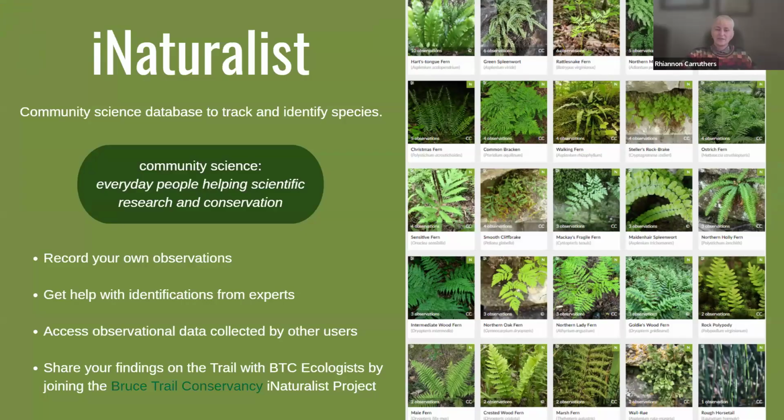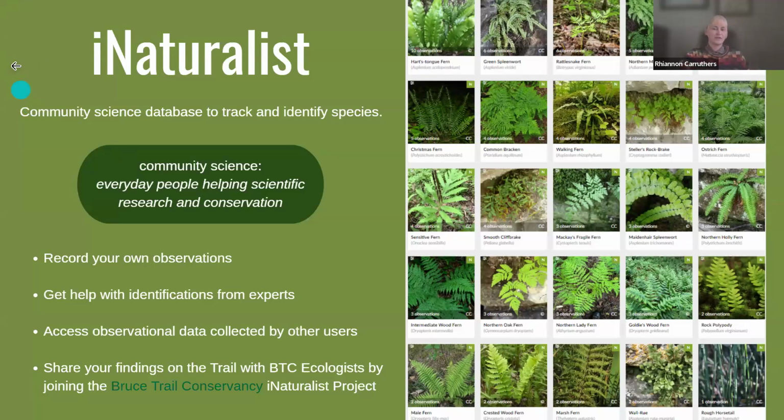The Bruce Trail Conservancy has just two ecologists for all of the lands that we manage, but we have people who are out on the trail every single day. So when those people can submit photos to the Bruce Trail iNaturalist project, those are then seen by our ecologists. It can help when it comes to choices around conservation and trail routes, etc.